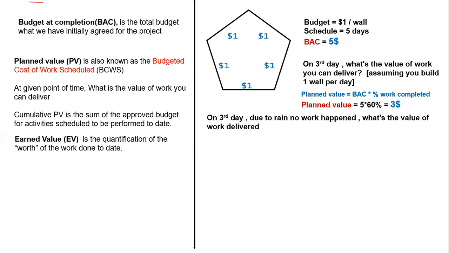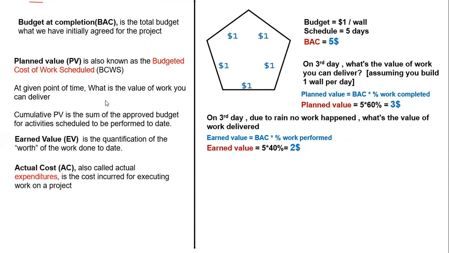Your planned value still remains $3, but on the third day, due to rain, no work happened. Okay, Mayur is saying $2. That's exactly correct, because you have only worked for 2 days, which means that you have only completed building 2 walls. So your earned value is $2, but still your planned value is 3.